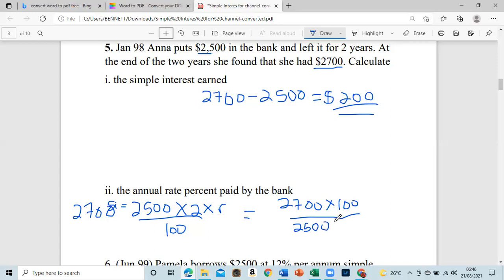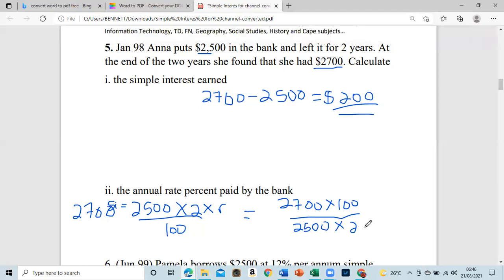All right, I'm going to the calculator again. 2,7 times 100, well, that's 270,000. I'm just writing it out for the persons who have to see each step, so I'm catering for them too.